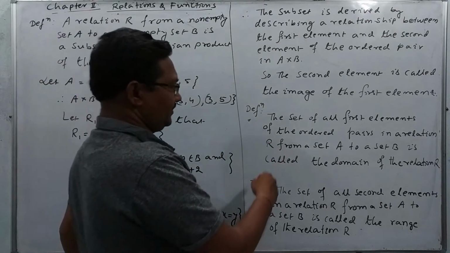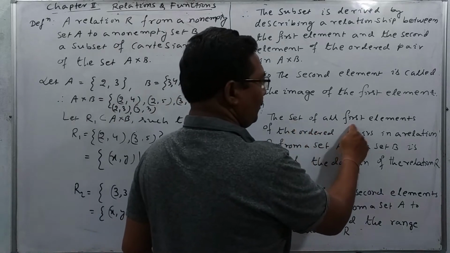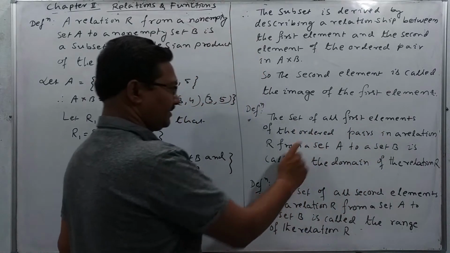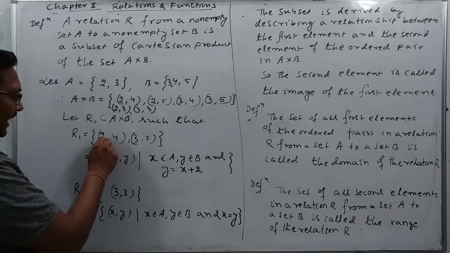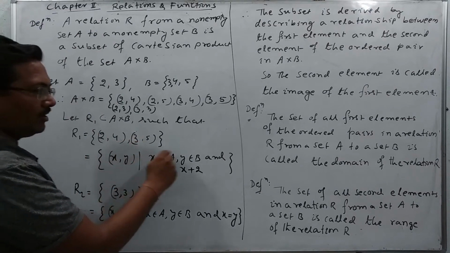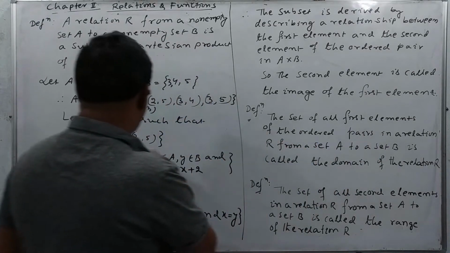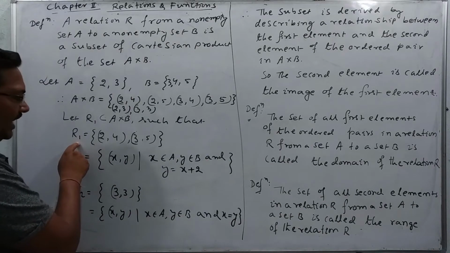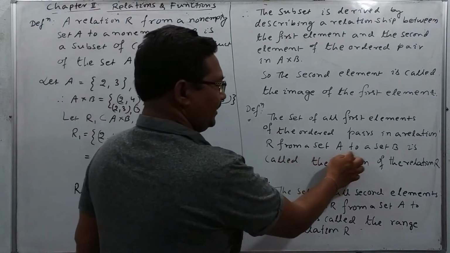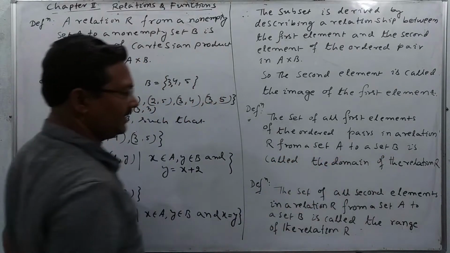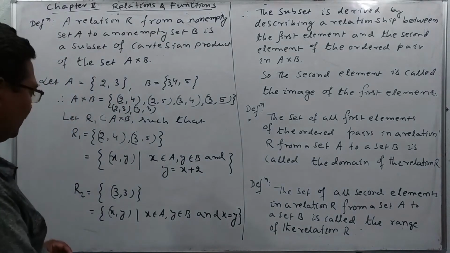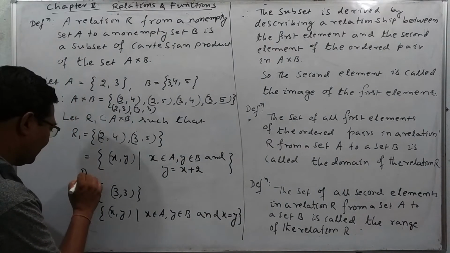Come to the definition. The set of all first elements of the ordered pairs in a relation R, we have taken here R1, from a set A to a set B is called the domain of the relation R. So, here the domain of R1 is how much?